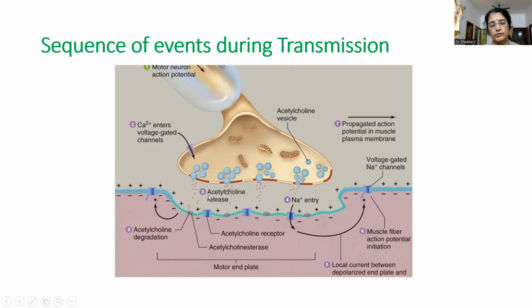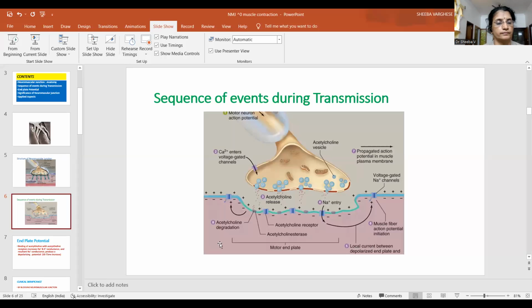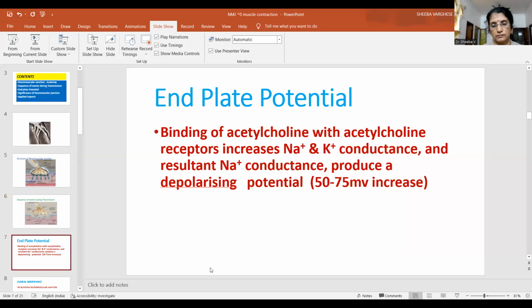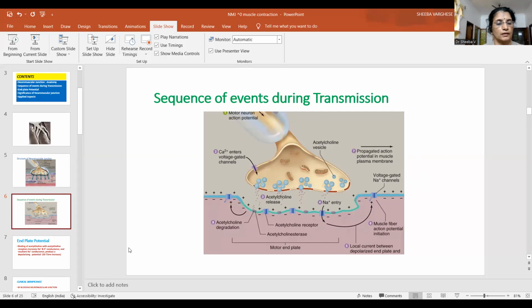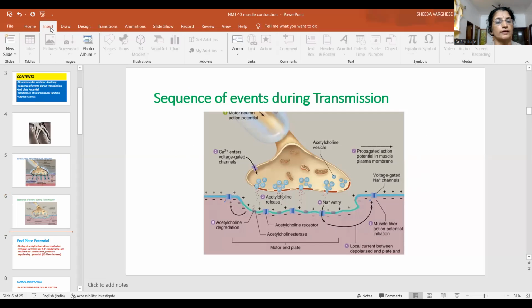Binding of acetylcholine to the postsynaptic receptor causes the sodium influx, and the action potential is transmitted to the muscle fiber. This is the neuromuscular transmission. Now I will show you a flow chart for the neuromuscular transmission.